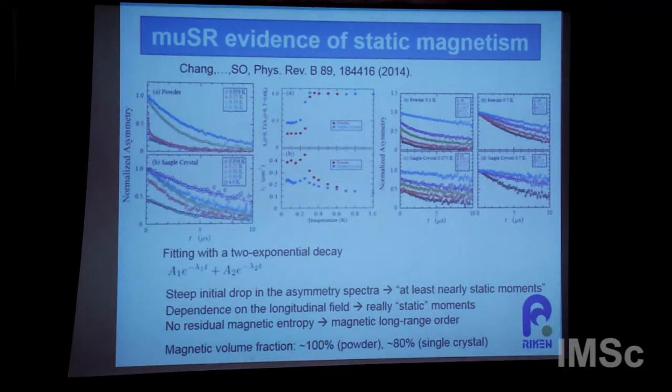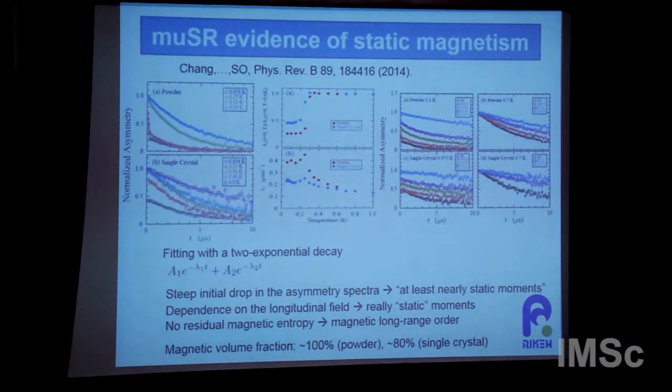But in any case, this sudden drop in the asymmetry spectrum suggests that there is some big moment inside, at least locally. But this sharp drop is not direct evidence of the long-range order, just of a local moment.